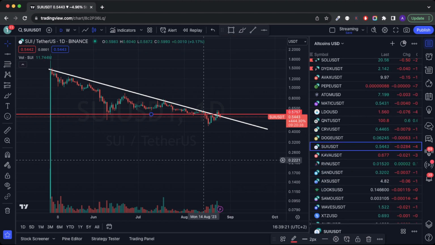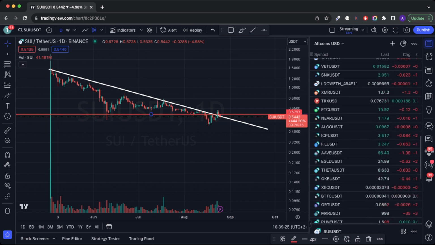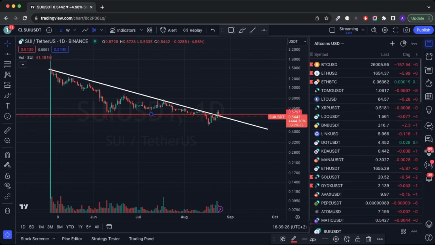I could go on and on, but I think I showed my point. Most of the coins don't look good at the moment. I showed everyone what I'm looking for, what kind of triggers. Until then, I would just stay away. I really would.